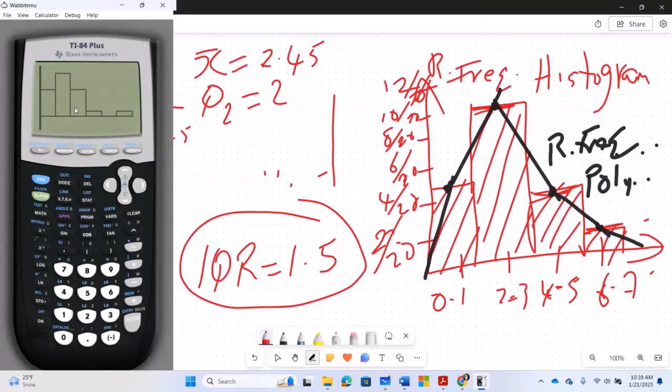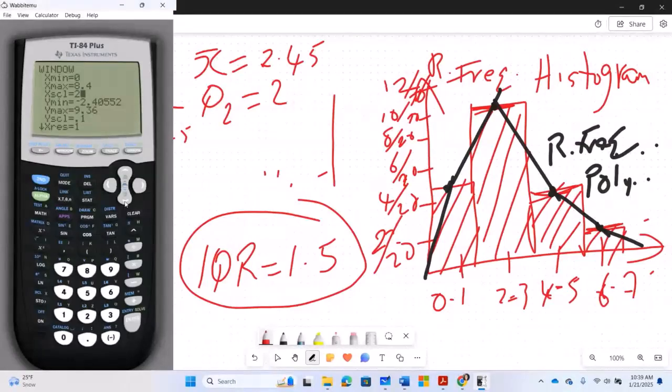I already know that I decided to have a class width of 2. So I'm going to go to Window and make sure I put an X scale of 2. So the class width in this is 2. And for now, I think I'm okay with 2.